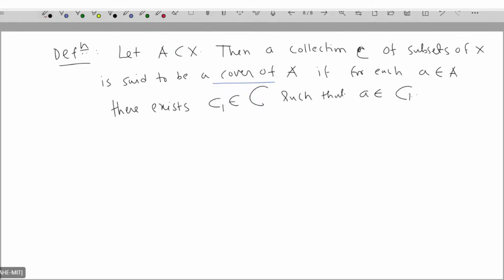If the collection C is a collection of open subsets of X, we'll say that it's an open covering.